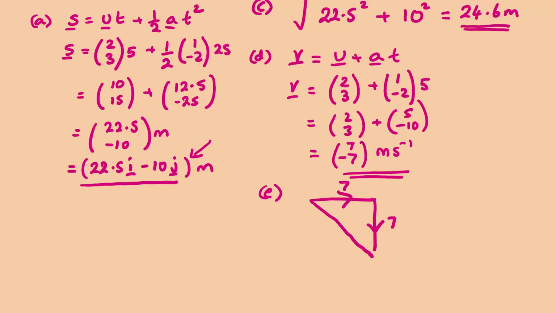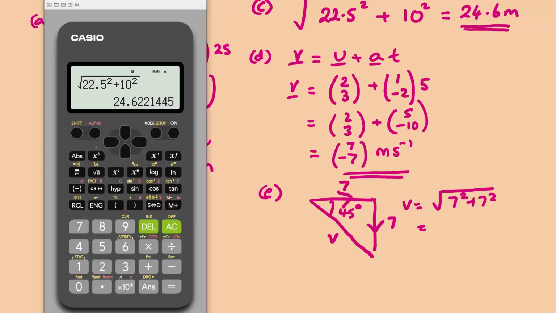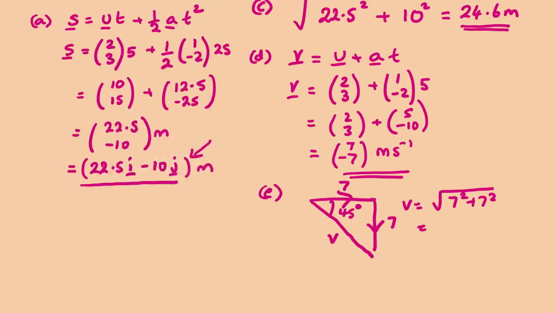Clearly that's an isosceles triangle, so this is 45 degrees. And v there is just going to be the square root of 7 squared plus 7 squared. So that's the square root of 98, which is, let's call that, 9.90.